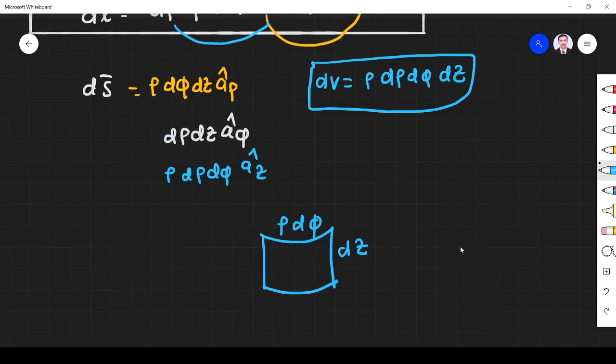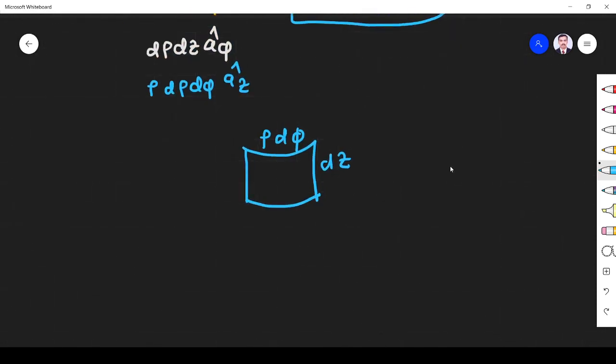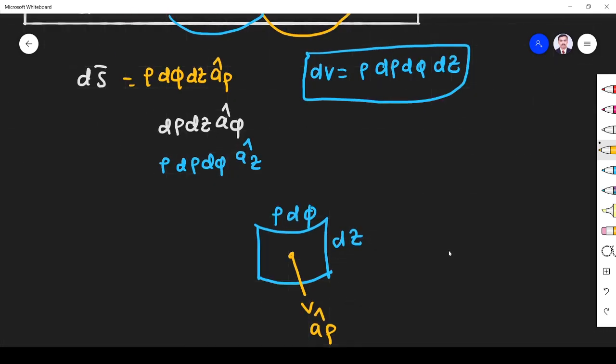It is phi z, so you should be looking at the a rho direction. Yes or no? So this is the pictorial representation of the differential surface rho d phi dz.